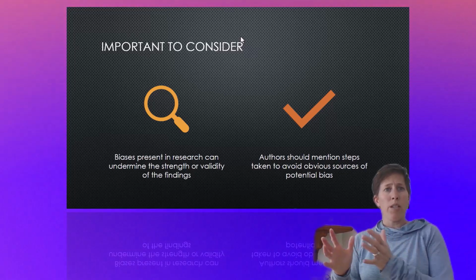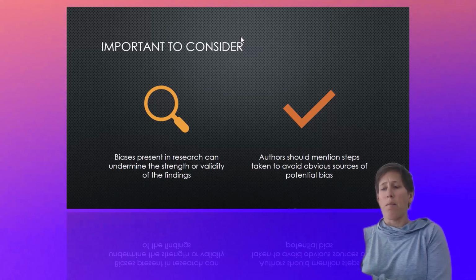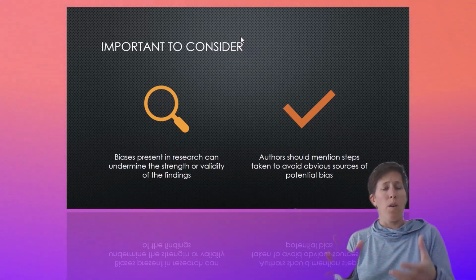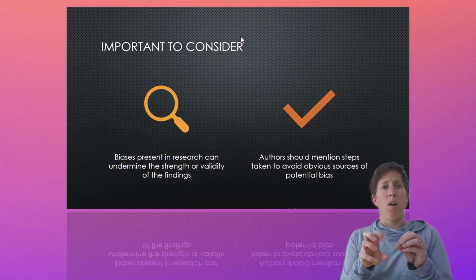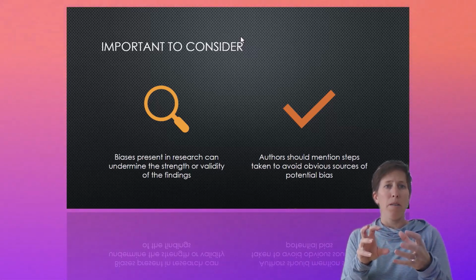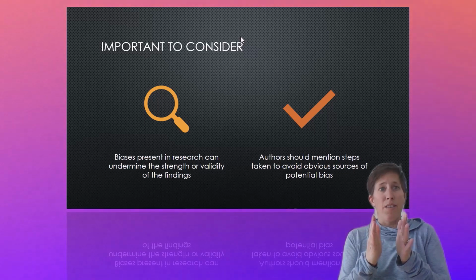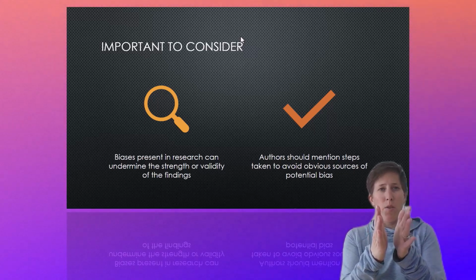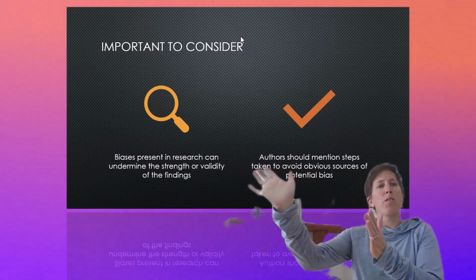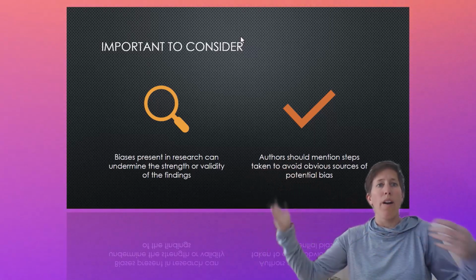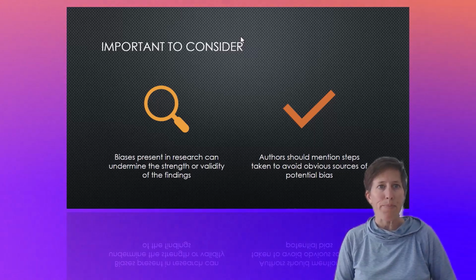Whether it's the researcher that has added bias into the study or another factor, which we'll talk about, there are many different types of bias that take the accuracy of the truth and put it on the wrong path, a path that veers away from what is actually real, what actually comports with reality.